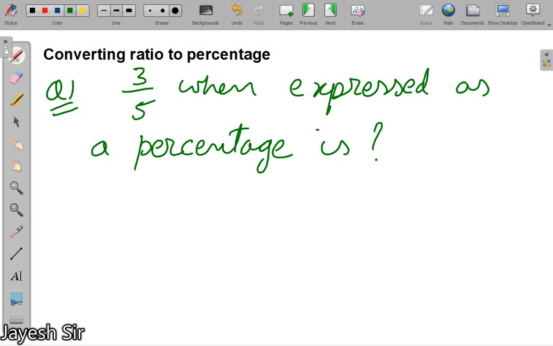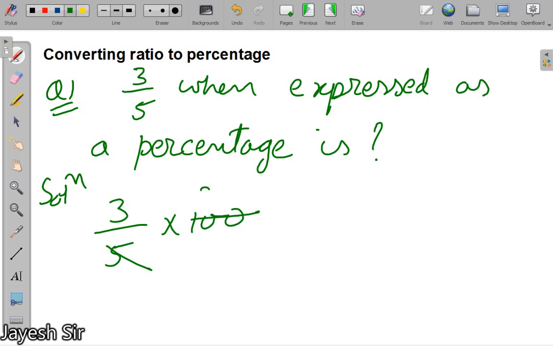In the same manner that we did earlier, we have to convert it into percentage, so we will multiply with 100. 5 2s are 10, 0, 3 2s are 6, 60%. So that will be your B part.